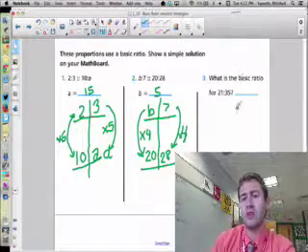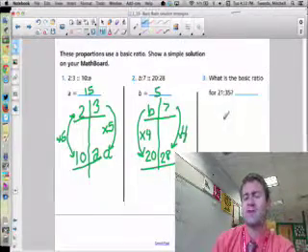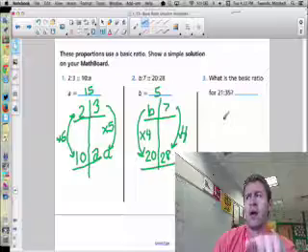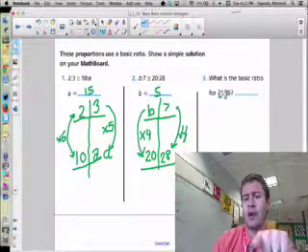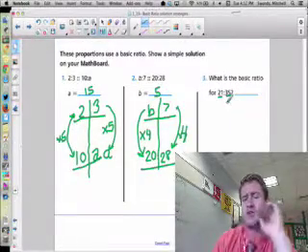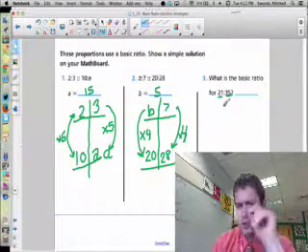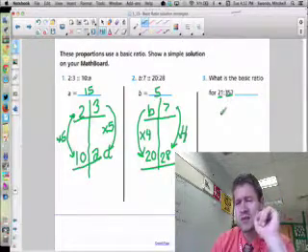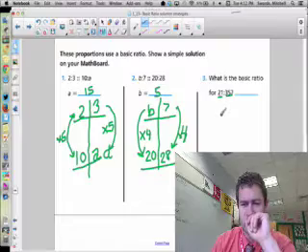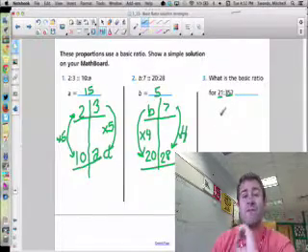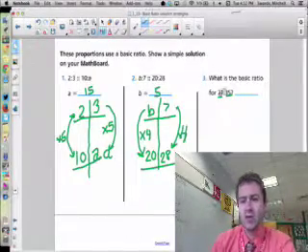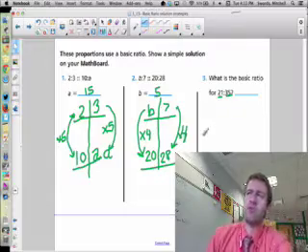Taking a look here, basic ratio of 21 to 35. To find the basic ratio, I need to divide both 21 and 35 by the same number to reduce it. So this is kind of like simplifying fractions. I'm dividing both by the same factor to get it. And so 21 and 35, what factor goes into both of those?